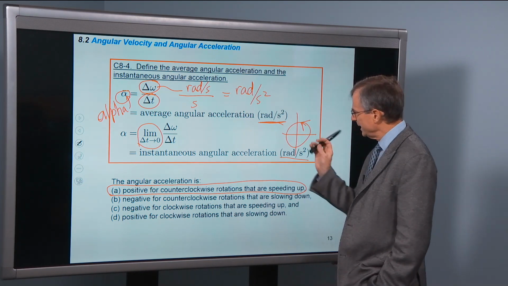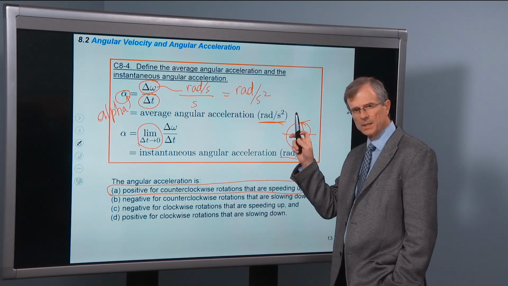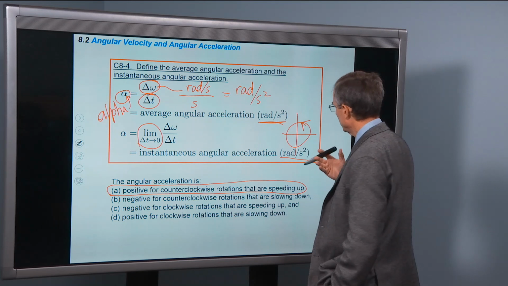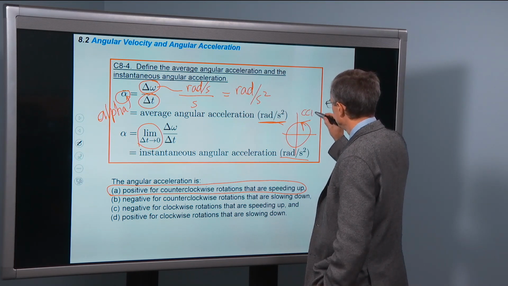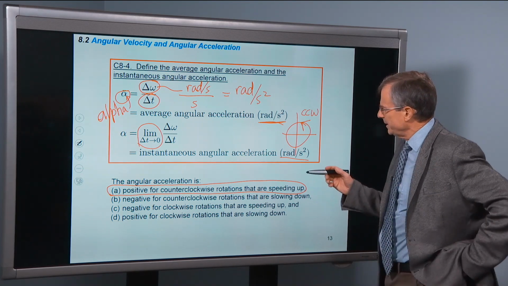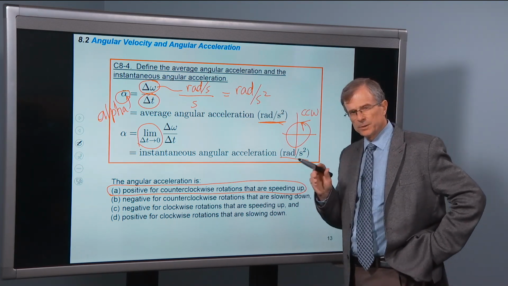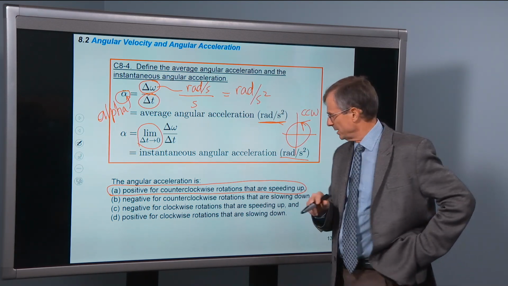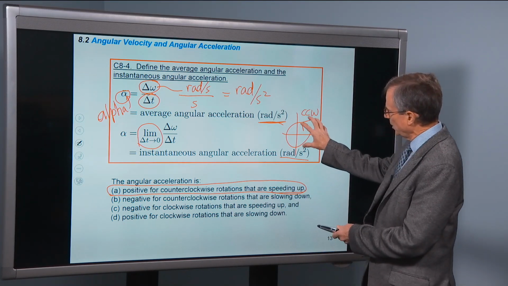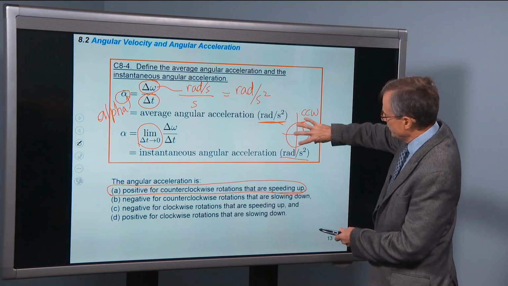So the angular displacement is going to be positive, like we talked about. It's positive for counterclockwise rotation. And the angular velocity is increasing. It's speeding up. So it's starting out slow. It's getting faster and faster and faster.